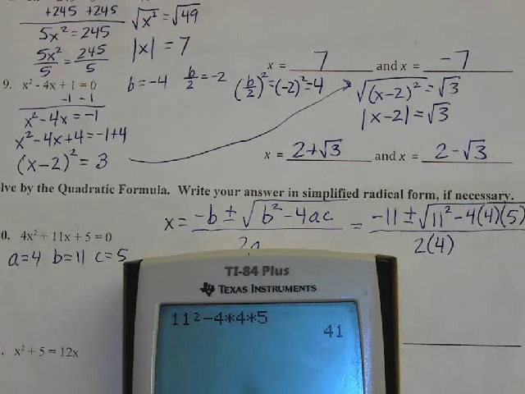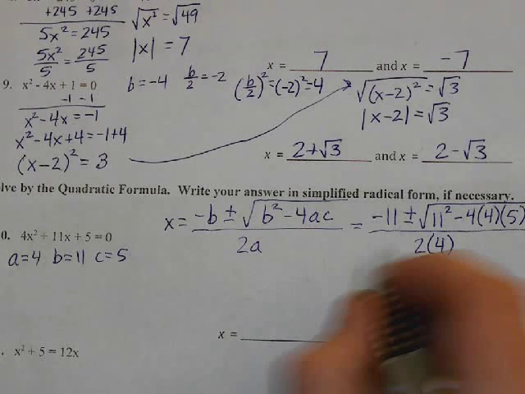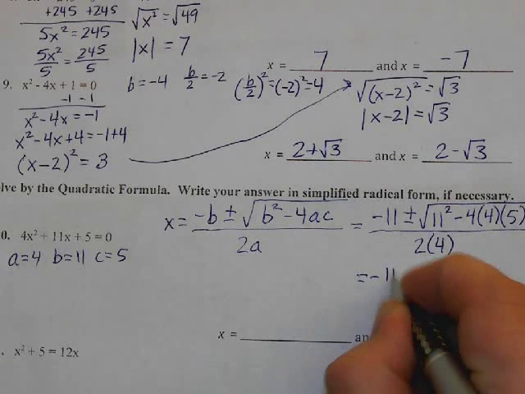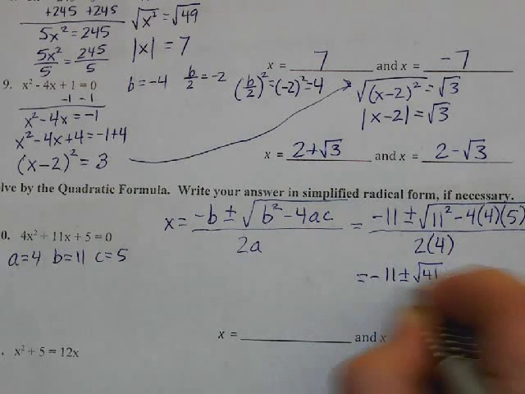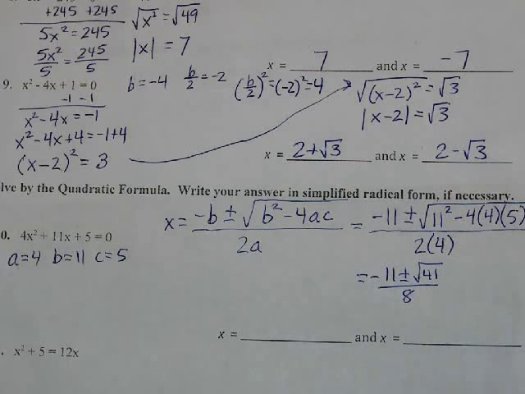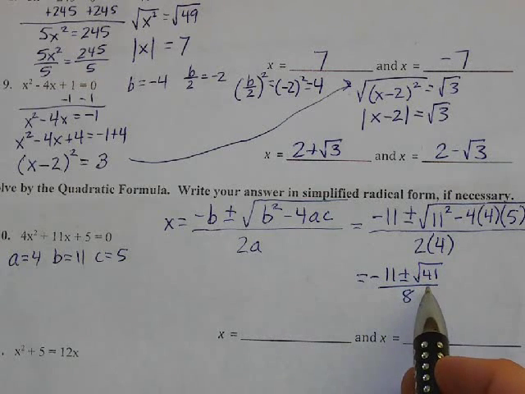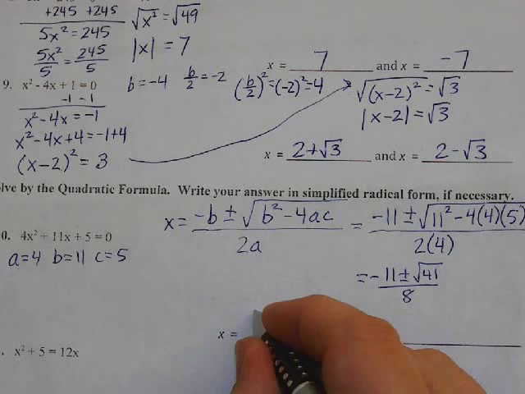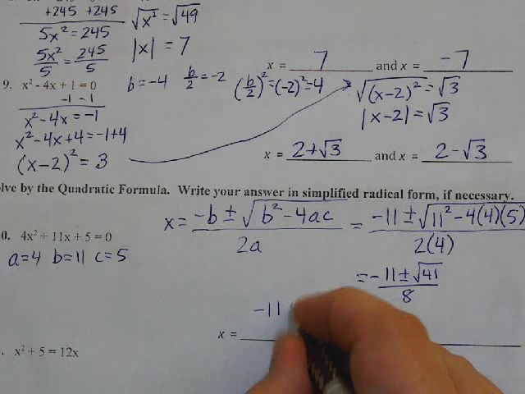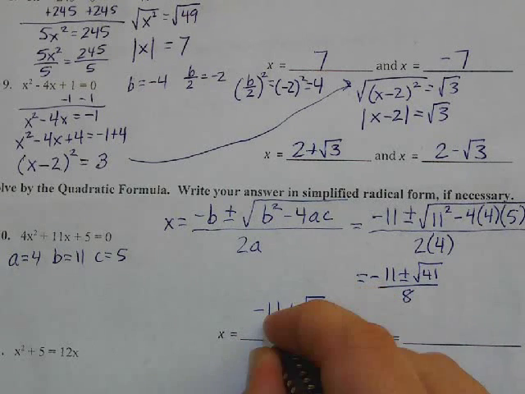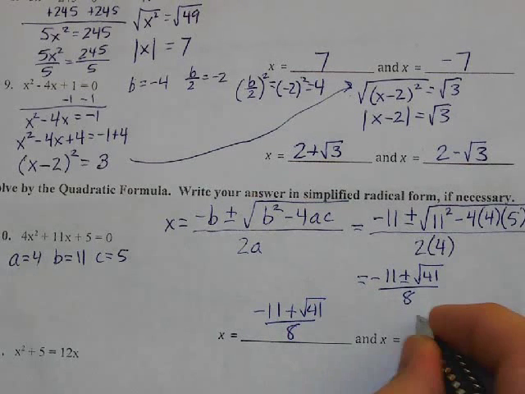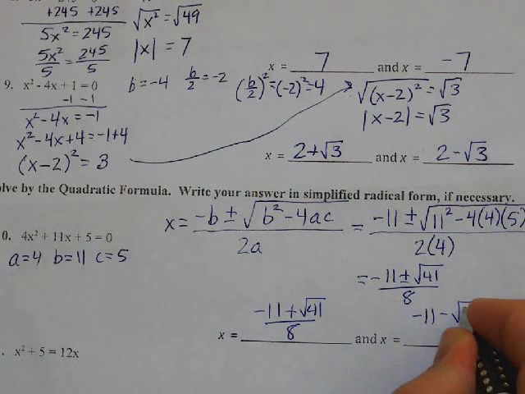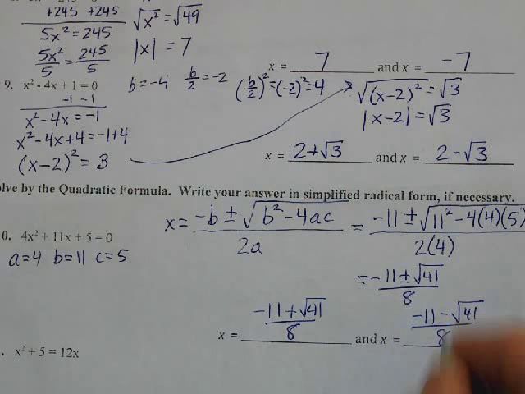So inside the radical, I get 41. All over 8. Now, 41 is prime, so I can't simplify it. So my answers are going to be negative 11 plus radical 41 divided by 8, and negative 11 minus radical 41 divided by 8.